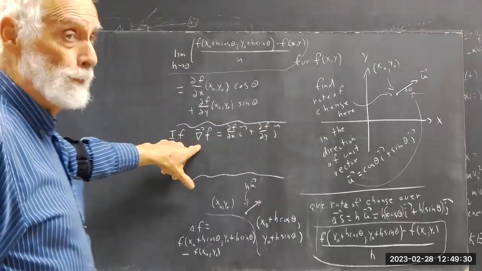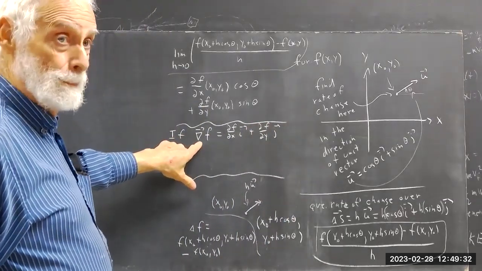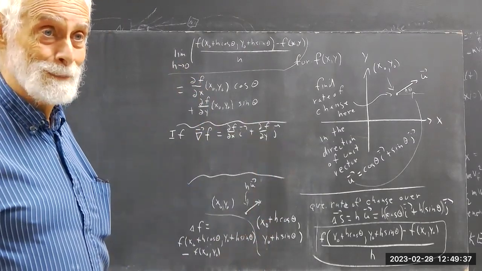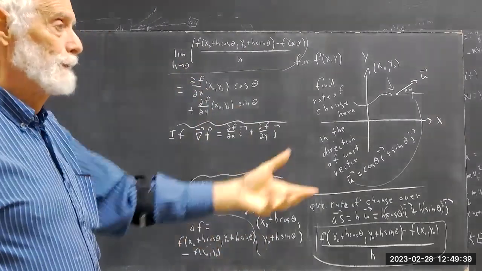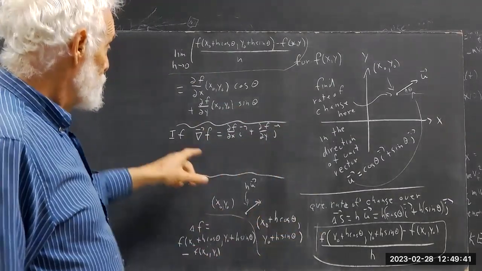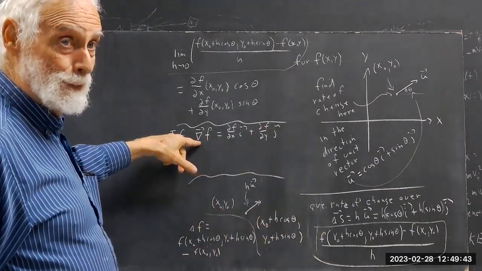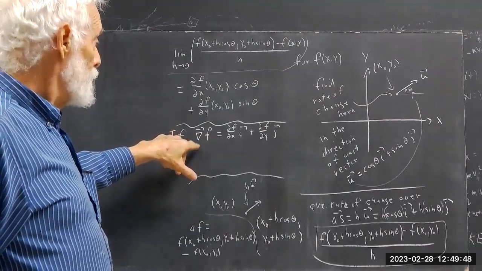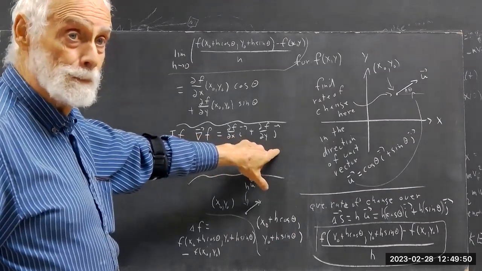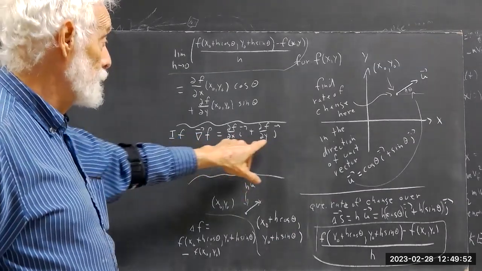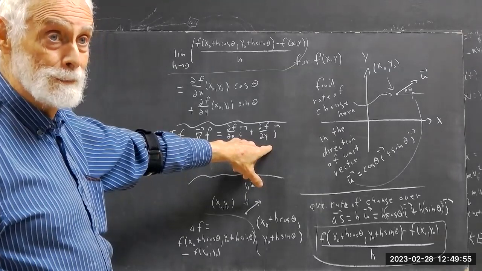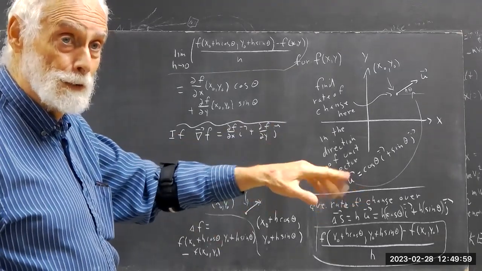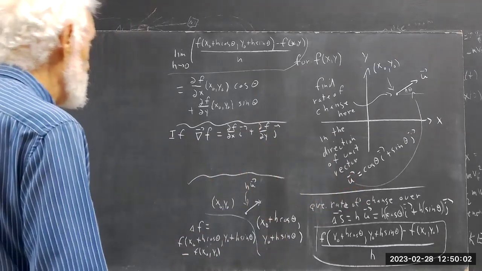I define this thing, call this a del. It's not a delta, it's upside down. It's got an arrow over the top of it. And delta is just a symbol for change in it. So this is different, okay? Different symbol, it's called the del symbol. If del F is this, it's just a combination of x and y derivatives: x derivative in the x direction, the i direction, y derivative in the j direction.